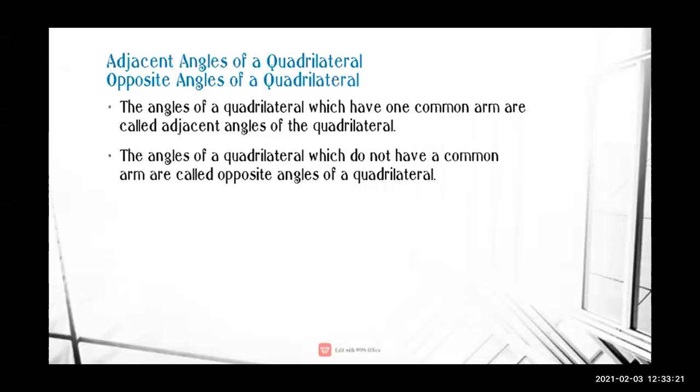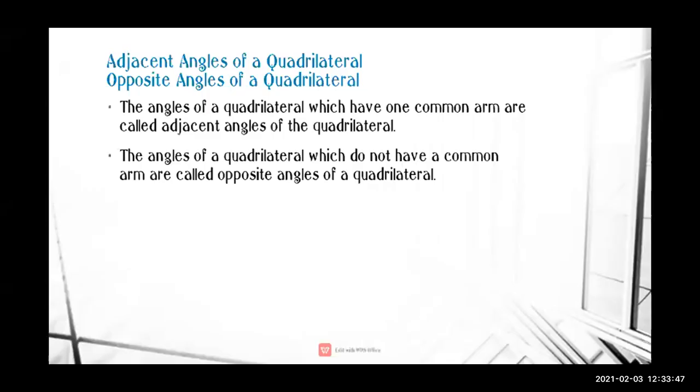Whichever angles have one common side, that is our adjacent angle of a quadrilateral.